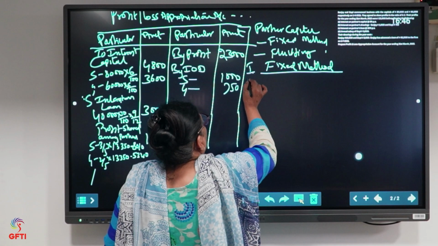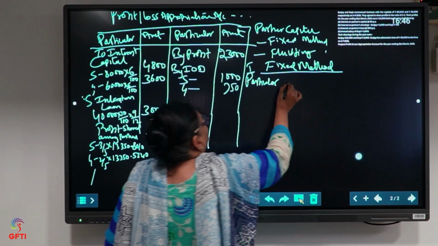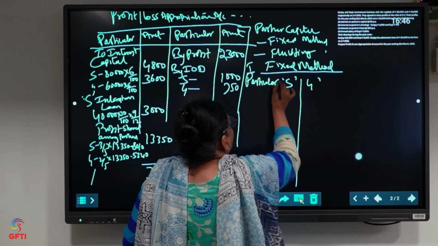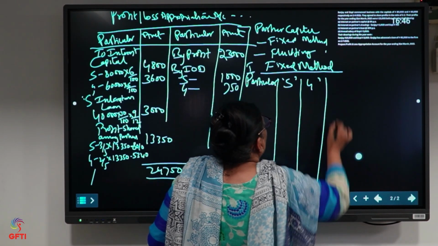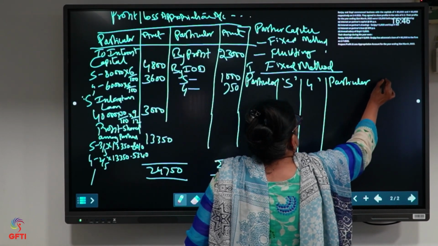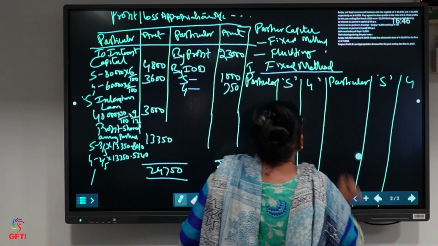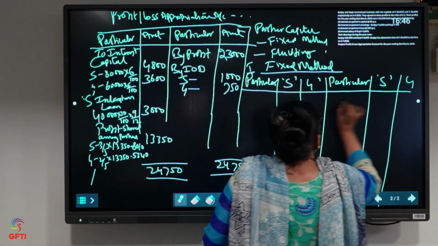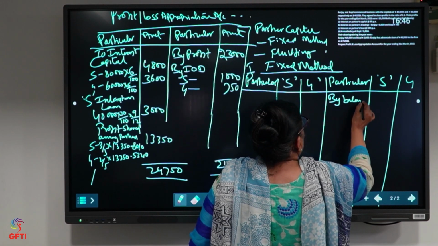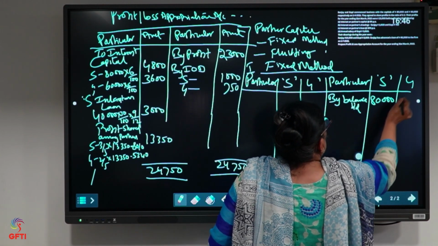So for the fixed method, we write particulars, then Sanjay and Gopi. Now it is a small account. Please go to your problem: by balance brought down 80,000 and 60,000.